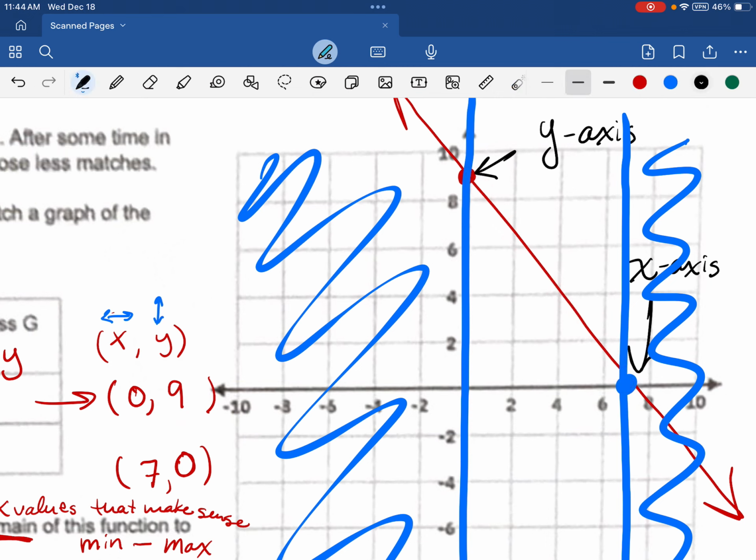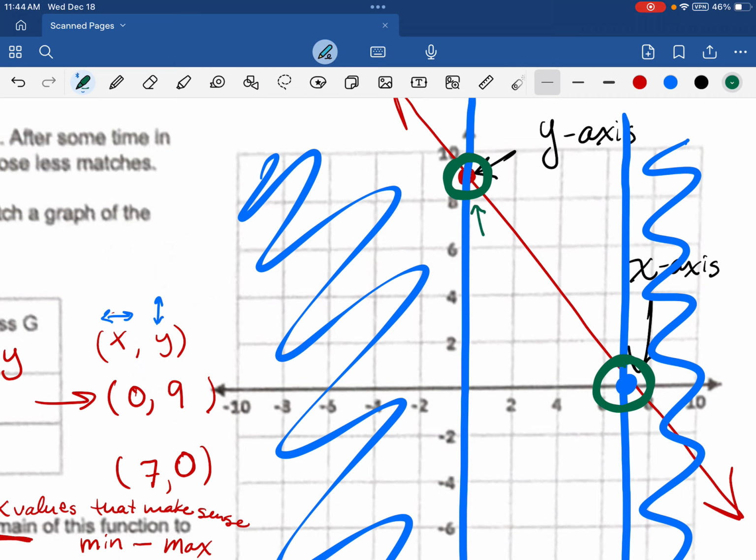What I'm going to do next is mark off where the line crosses the boundaries for my interval. It looks like it crosses right here and right here. Let's figure out what the coordinate points are.